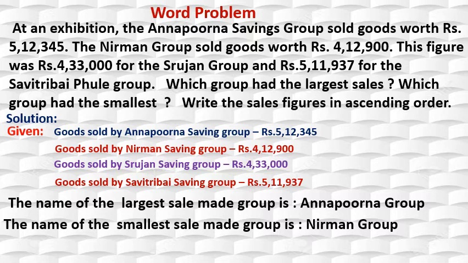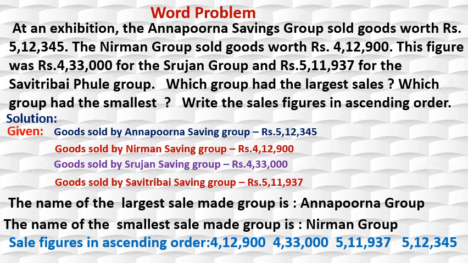Now we have to write these figures in ascending order. Yes, students, you know that ascending means from smaller number to bigger one. First we have to select the smaller, then a little bigger, then more bigger, then largest. Correct? Okay, we will write. See this.